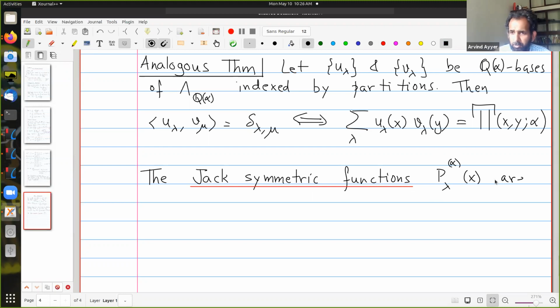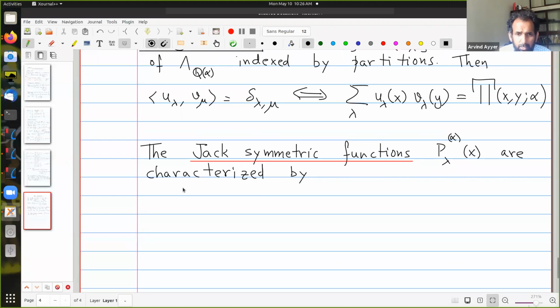They are characterized by two properties. This mimics what I said for the Hall Littlewoods, but I didn't write down explicitly.